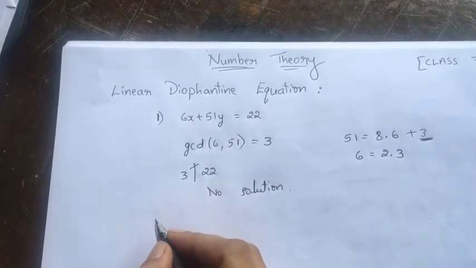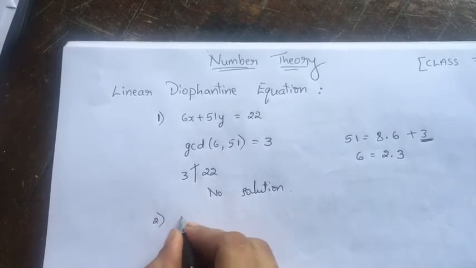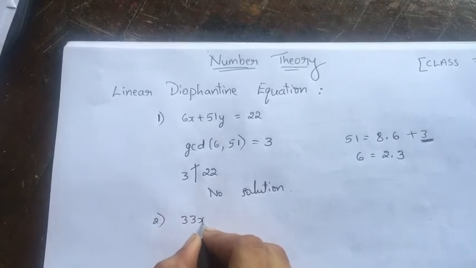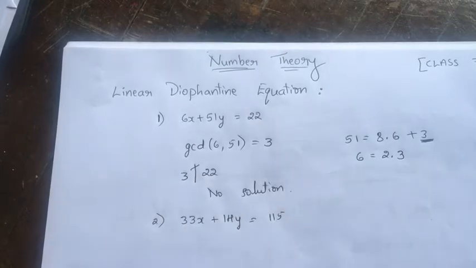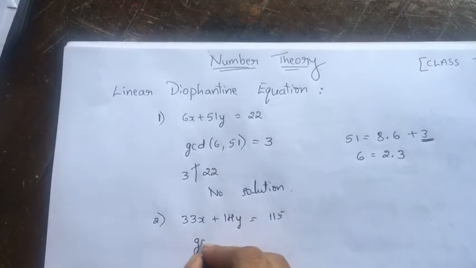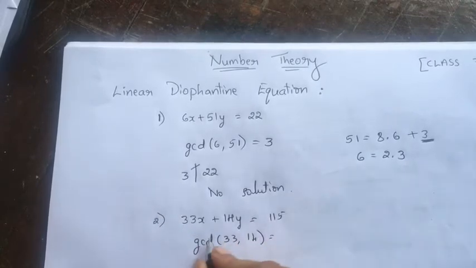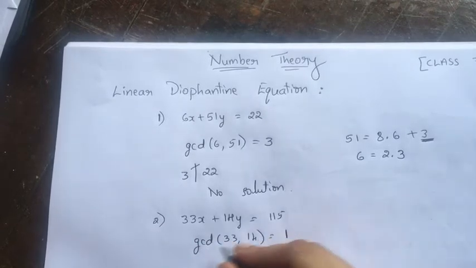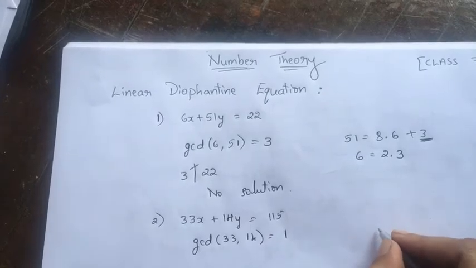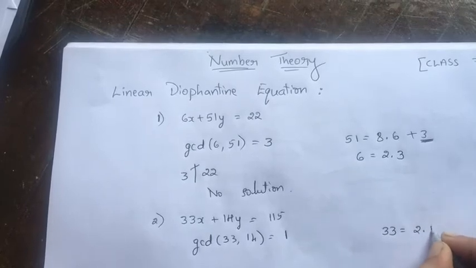Let us take one more equation. The second equation is, say, 33x plus 14y equal to 115. GCD of 33 and 14. You can make out this is 1, in fact. If you can find it directly, no issues. Otherwise, use the Euclidean algorithm. 33 can be written as 2 into 14 plus 5.